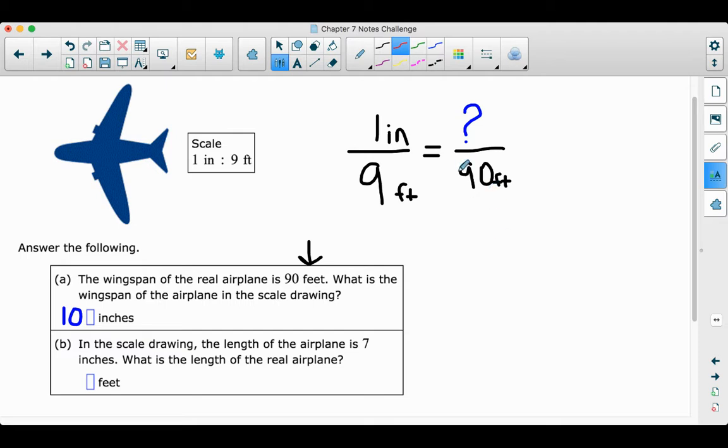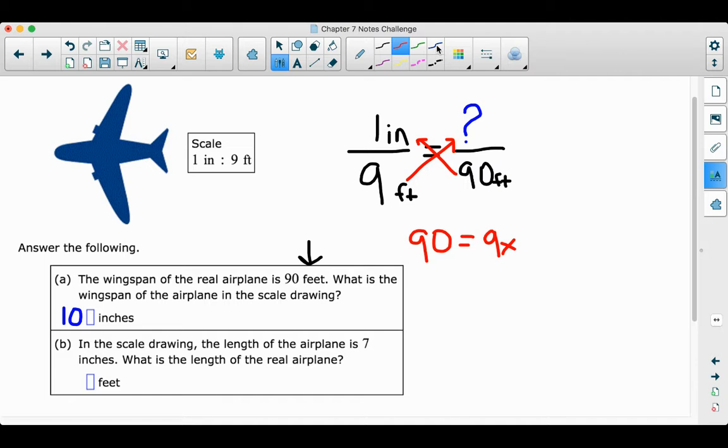You know that if I multiply the denominator of the right side times the numerator of the left, it should equal the denominator of the left side times the numerator of the top, meaning I would get 90 equals 9, and we'll just say x. And so then we realize to solve for x, I get 10. And that's where the 10 comes from.